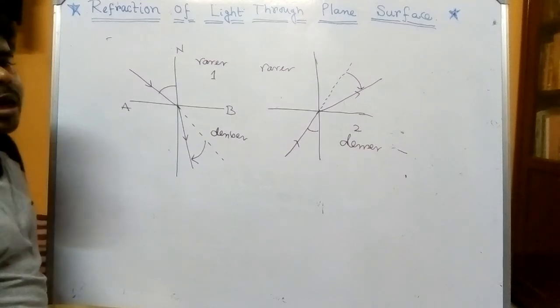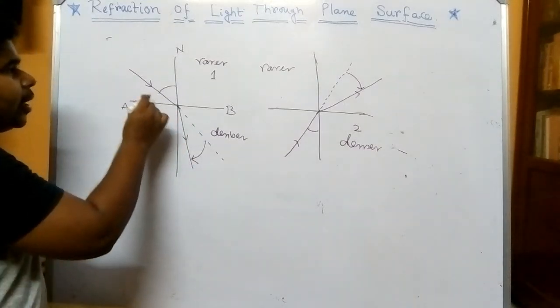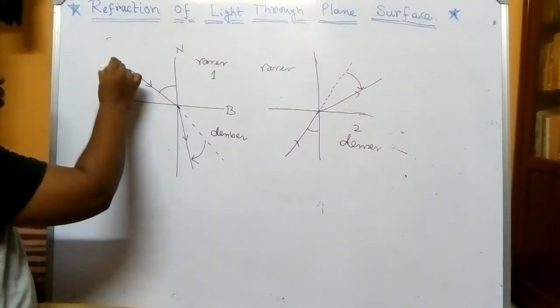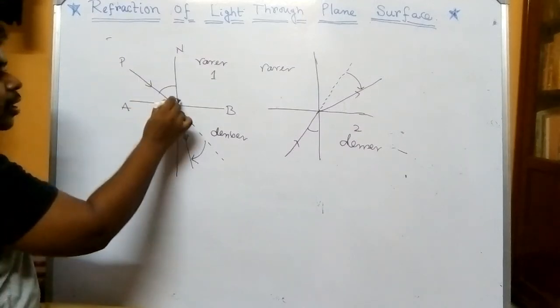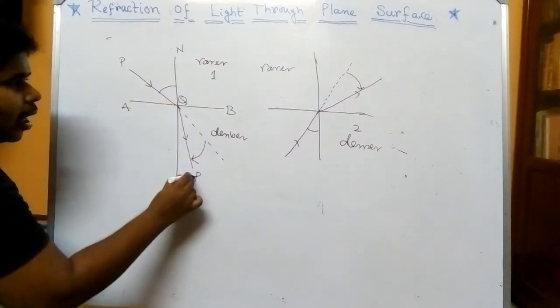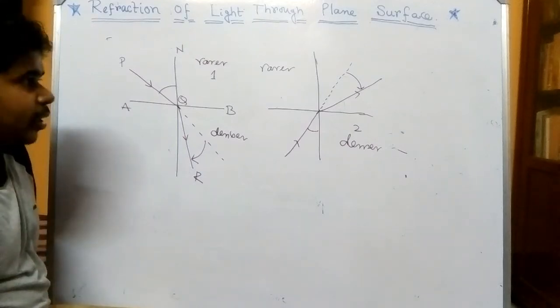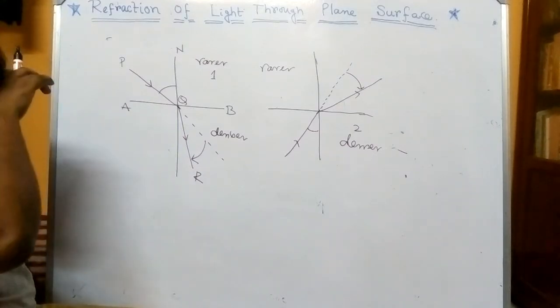Here we have to mention the angles also. If I name the points P, Q and R, then PQ is the incident ray and it makes an angle with the normal.